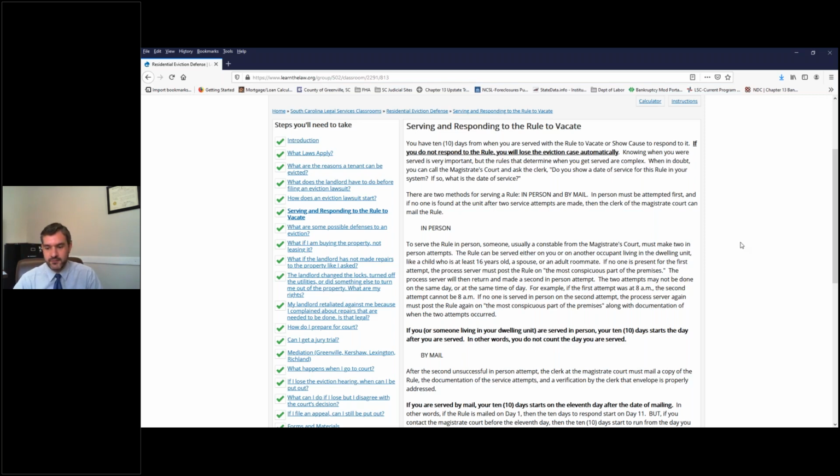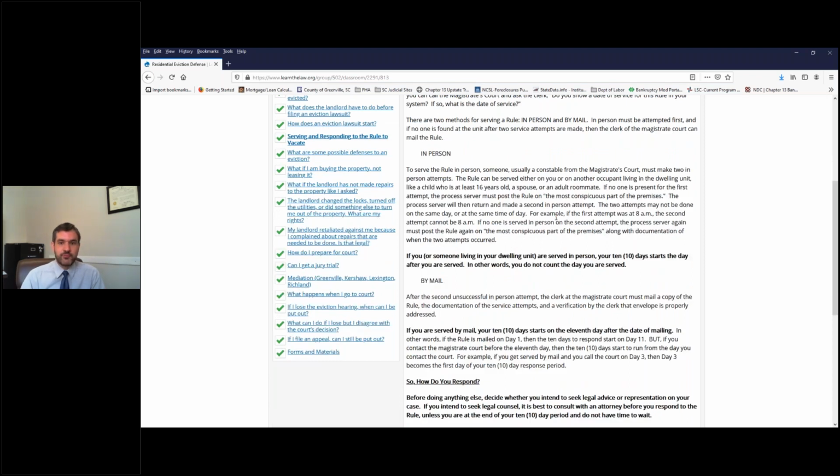And I think it's not just a tenant thing. I think perhaps some magistrate courts or constables may not be entirely serving it correctly. They're supposed to make 2 attempts to serve you in person. They're not supposed to just show up and paste it on the door and leave. Those in-person attempts are supposed to be separated by some time.